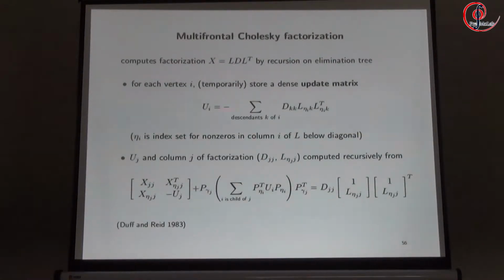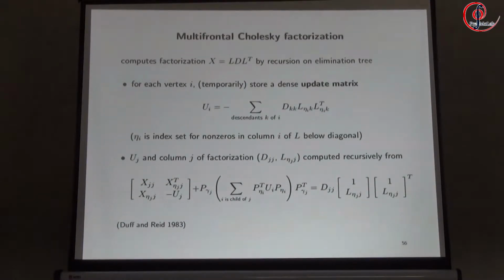So that's the update matrix, and if you define it, then you can write an equation that allows you to easily compute the Cholesky factorization column by column. It looks complicated because of the indexing, but look at a certain column J. x_jj is the diagonal of the matrix that you're factoring. This is the non-zero part of column J in X. This is the rest of the row.